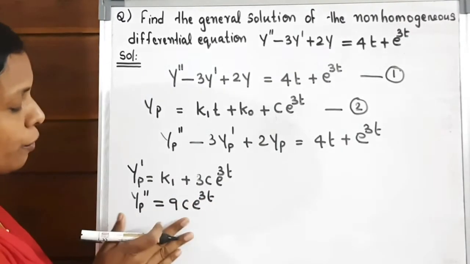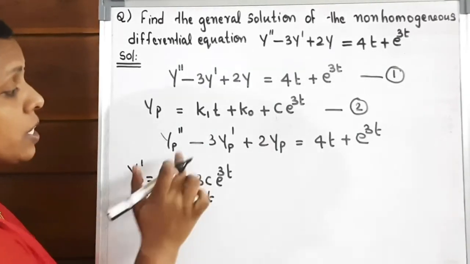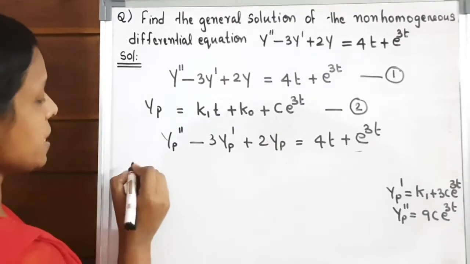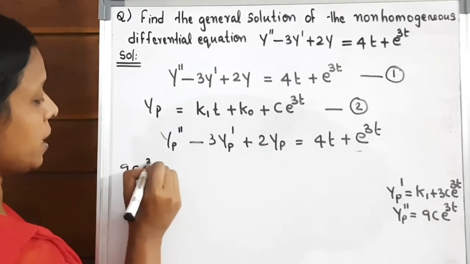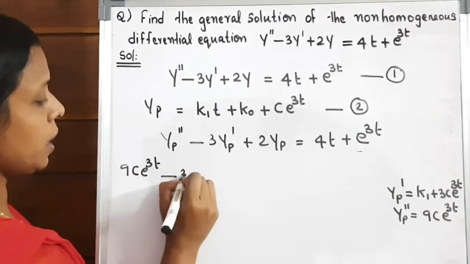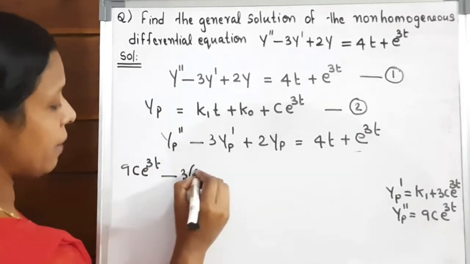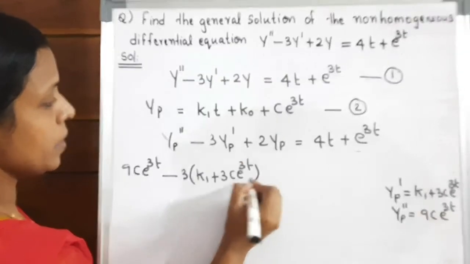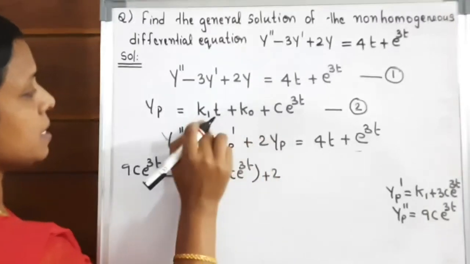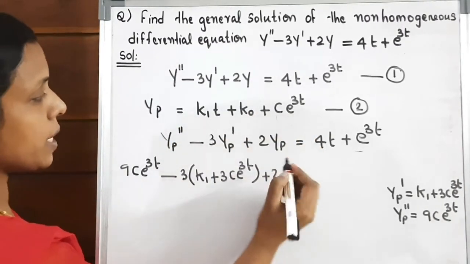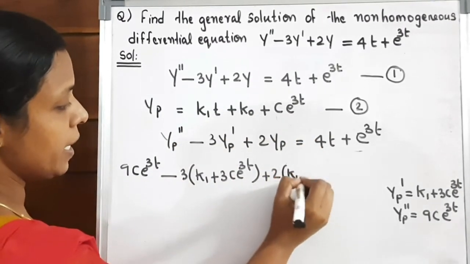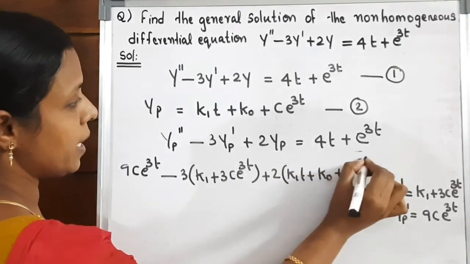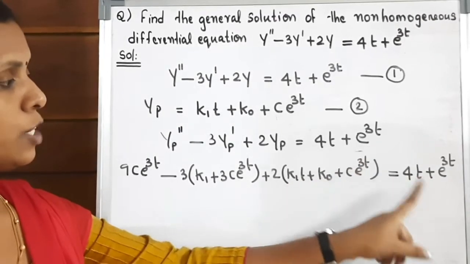Substitute the values of yp dash and yp double dash in this equation. yp double dash is 9c e raised to 3t, minus 3 into yp dash, which is k1 plus 3c e raised to 3t, plus 2 into yp, which is k1t plus k0 plus c e raised to 3t, equal to 4t plus e raised to 3t.